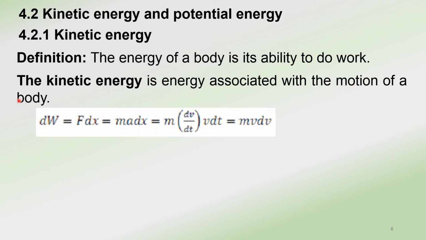And then mathematically, the change in work is equal to the force times the change in displacement. And we know that the force is equal to the mass times the acceleration. It's the reason why we need to replace the force by mass times acceleration.